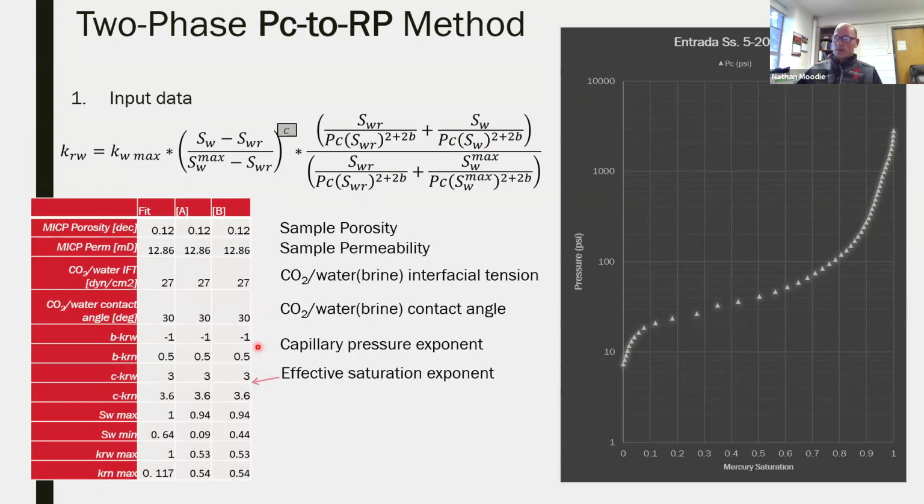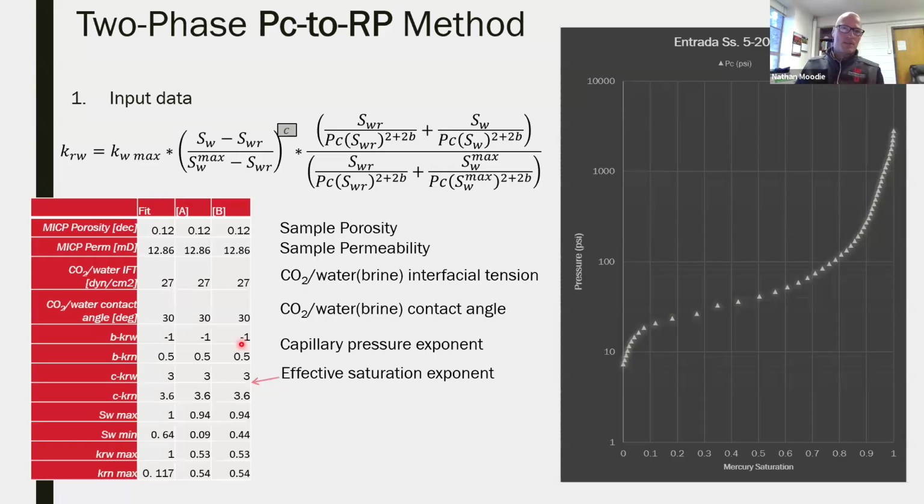These values that you see here came from fitting the method to many different sandstones, both from the San Juan Basin as well as sandstones from the literature. There were a couple of researchers, Benyon and Bakhtu, and I think I'm saying his last name right, and Krever, that had done both capillary pressure testing and relative permeability testing on basically sister samples, or samples that were very close to each other in properties.